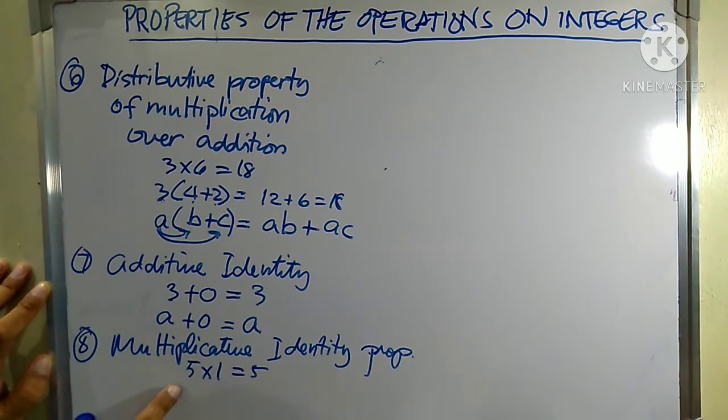So if we are going to multiply a number by 1, the answer is that number. We have A multiplied by 1, the answer is A. 1 is called the multiplicative identity.